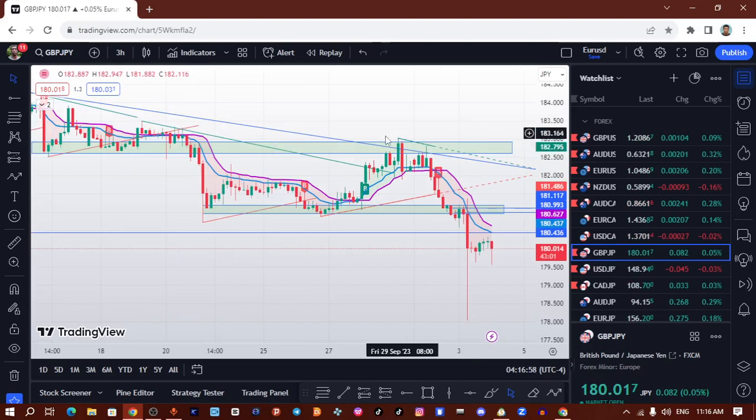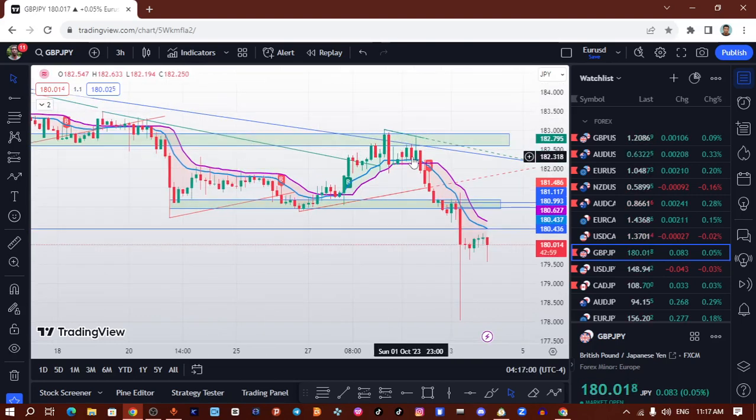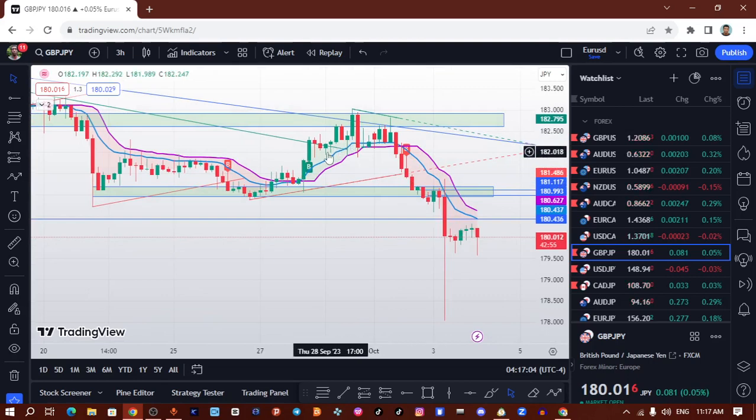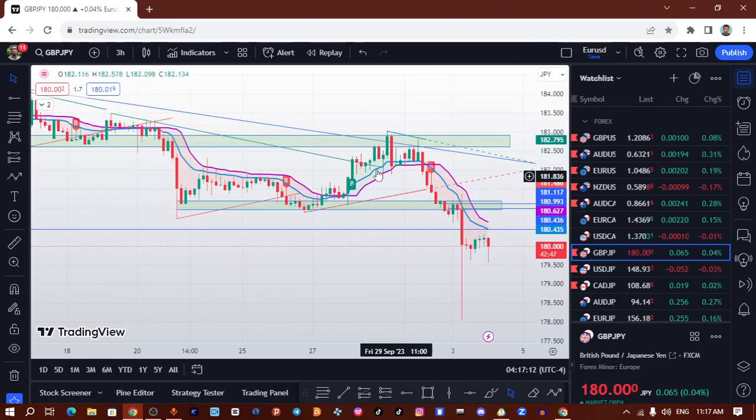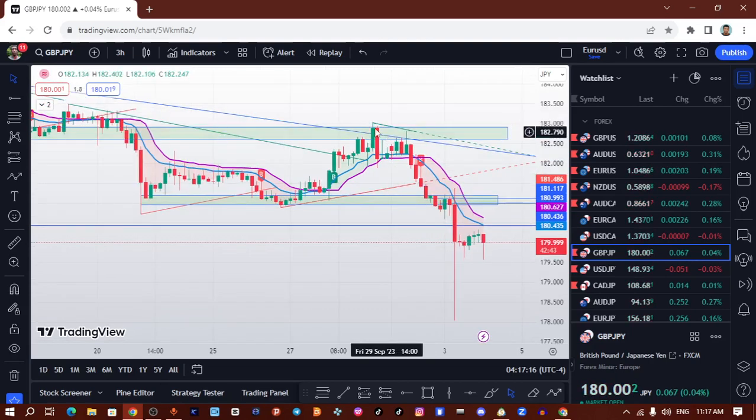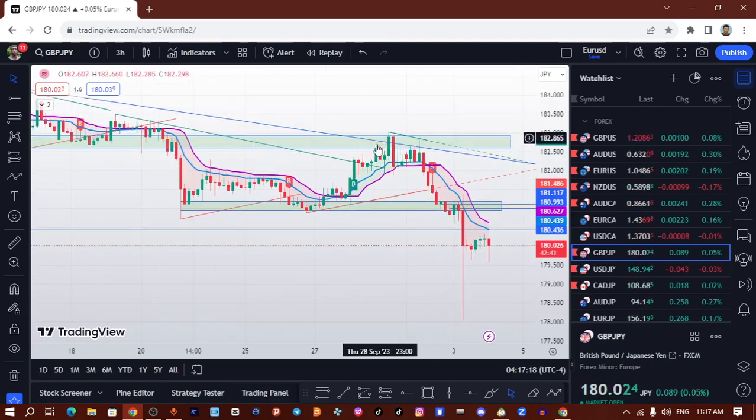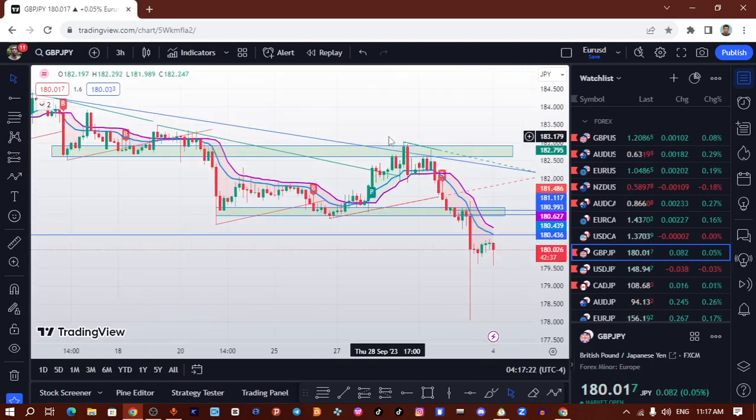This is where the sharks sell. When the price was running to this supply zone, the sharks were selling millions of dollars. They know that this point is a price reversal place. This is a selling place, so you have to prepare yourself.